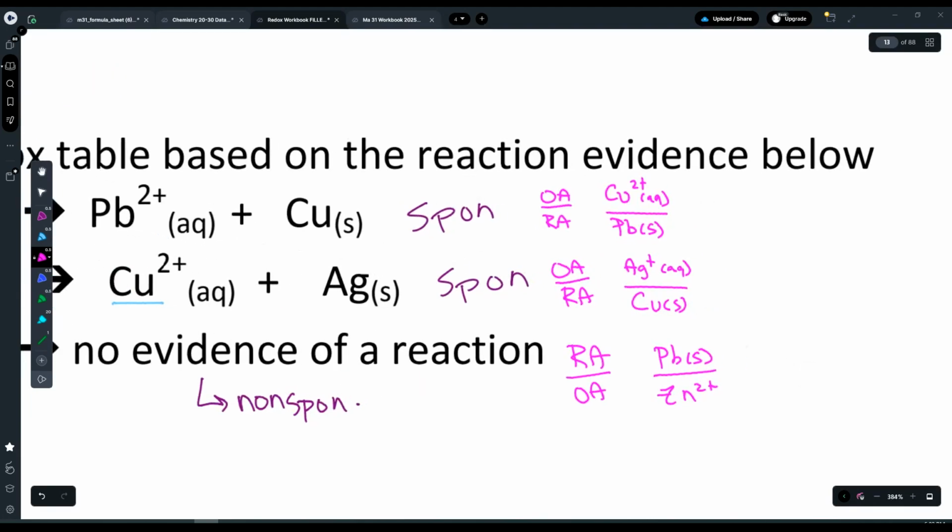Okay, looking at all of this evidence, I'm thinking lead is above zinc, but it's below copper, and then copper is below silver. So I'm getting the sense that copper 2+ is kind of in the middle there.